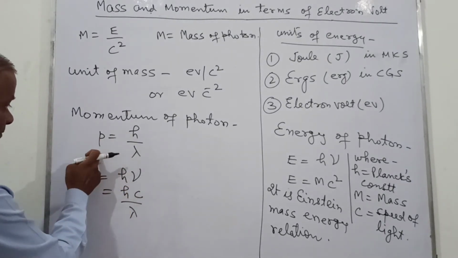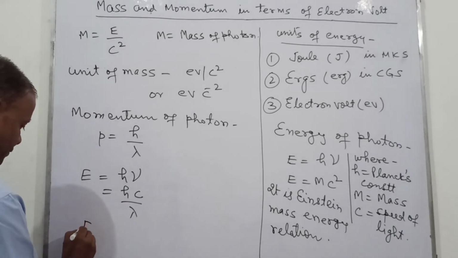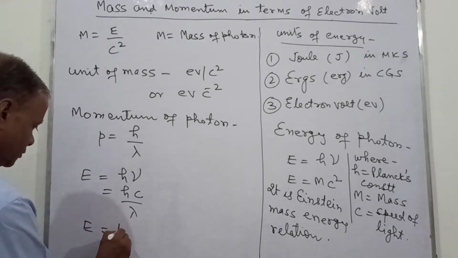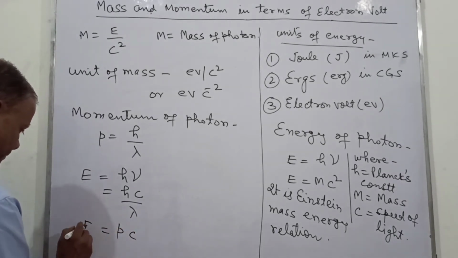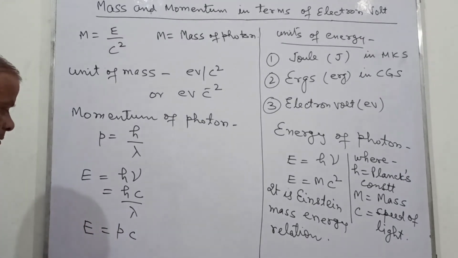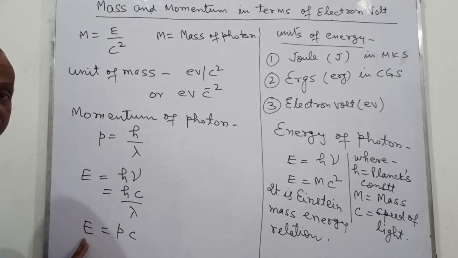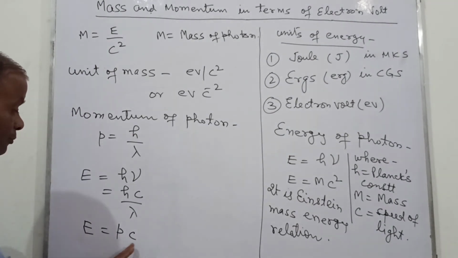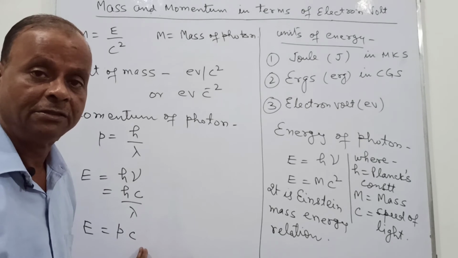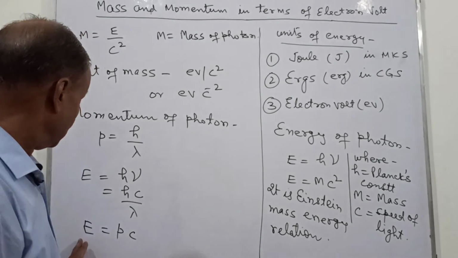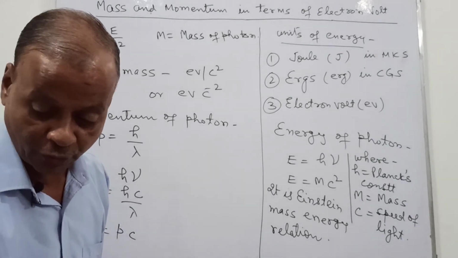So this h upon lambda is equal to p. So E equal to pc. Now E is expressed in electron volt, and this is now c. So electron volt per c is another way of expressing the unit of the momentum.